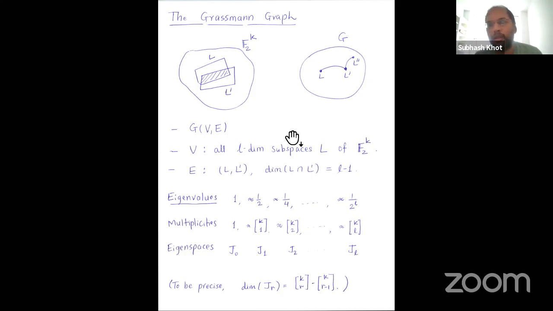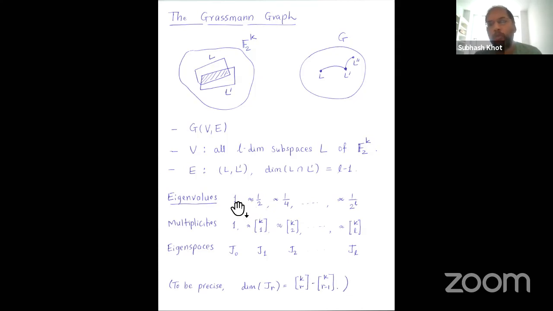This is what is called the Grassmann graph, and it was studied to some extent in combinatorics, especially in the context of what are called distance regular graphs. In particular, the eigenvalues of this graph were well known. The precise eigenvalues and their multiplicities are a bit difficult to describe because the expressions get messy. But roughly speaking, the eigenvalues are decreasing powers of 2.